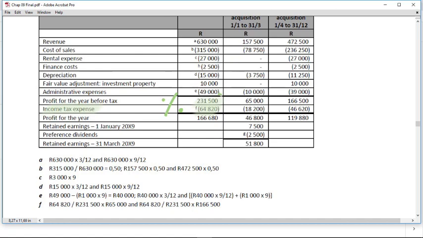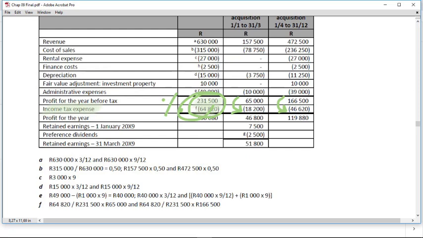So this percentage that you calculated there, apply that to the 65,000 Rand to get the related income tax expense. Take the 166,500 and apply the effective tax rate to that, and you get the related income tax expense.